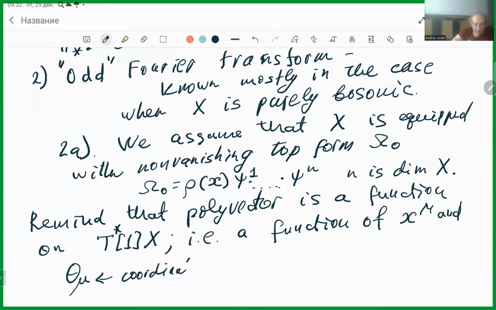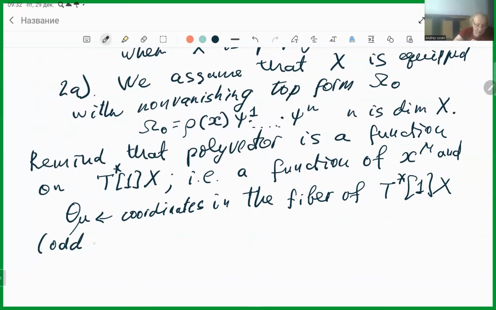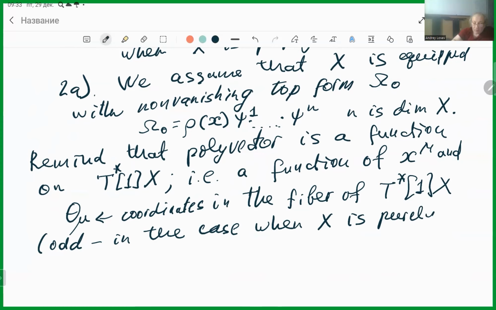These are coordinates in the fiber of T star of 1 over X, odd in the case when X is purely bosonic, it is even, so it's a standard case.